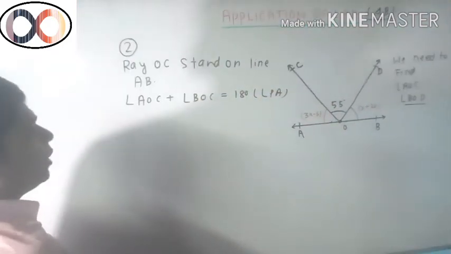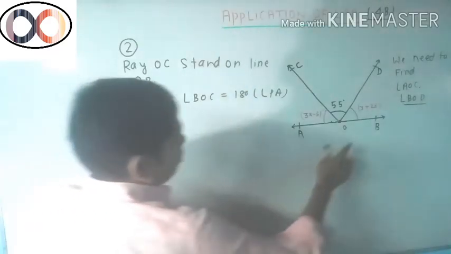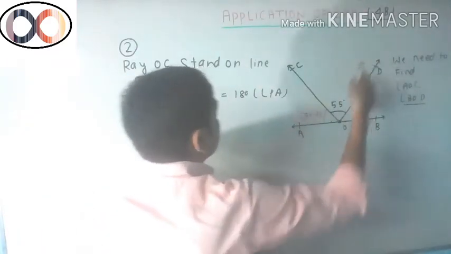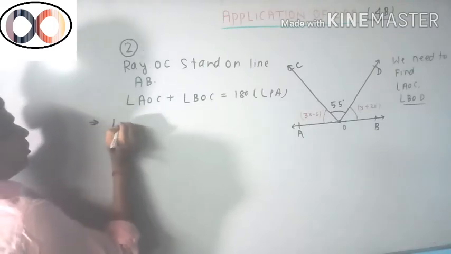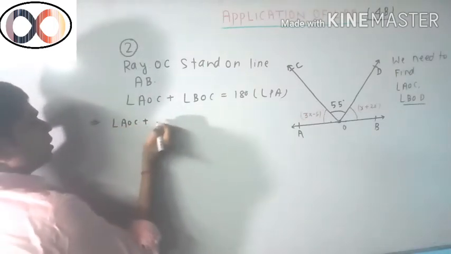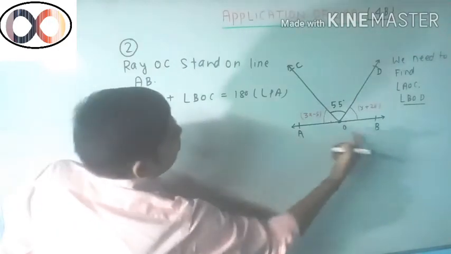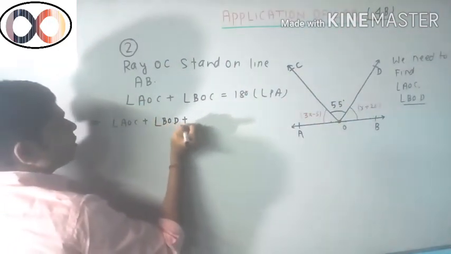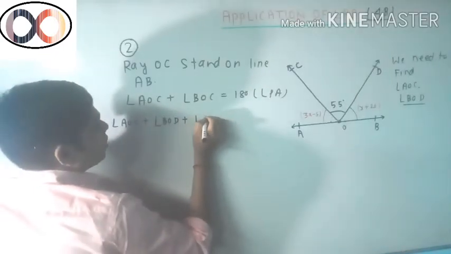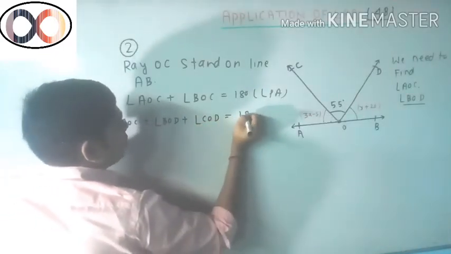Angle BOC we can split in two parts, angle BOD plus angle COD. So angle AOC plus angle BOD plus angle COD equals 180 degrees.